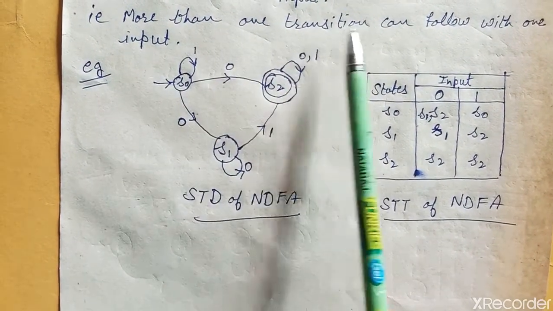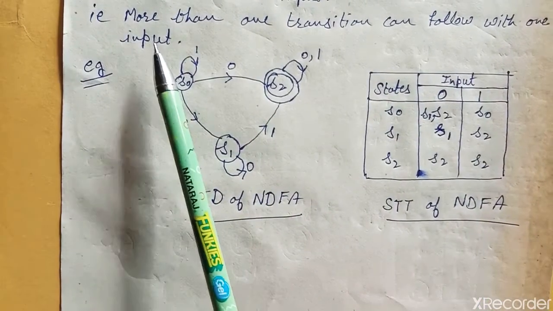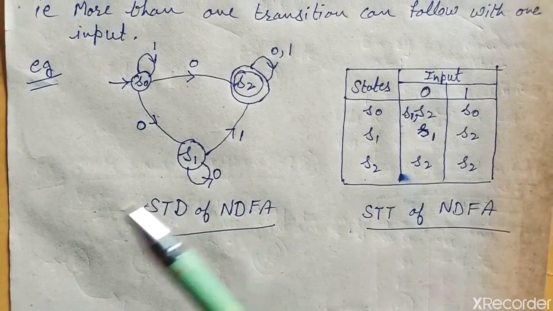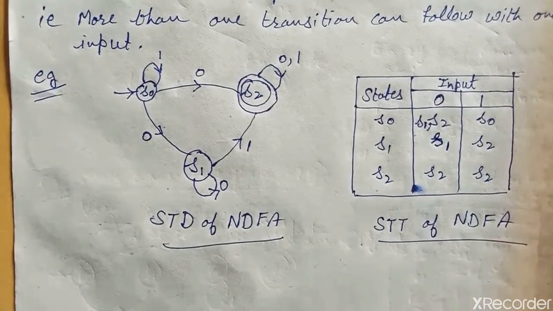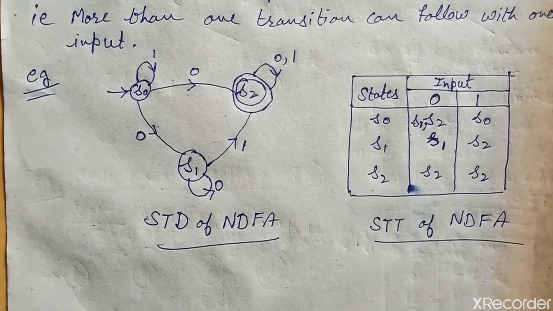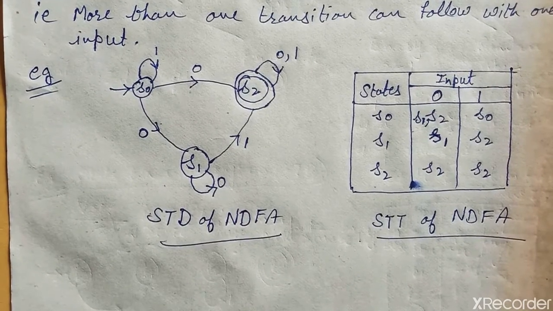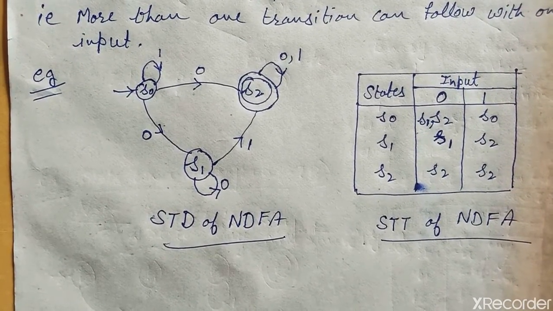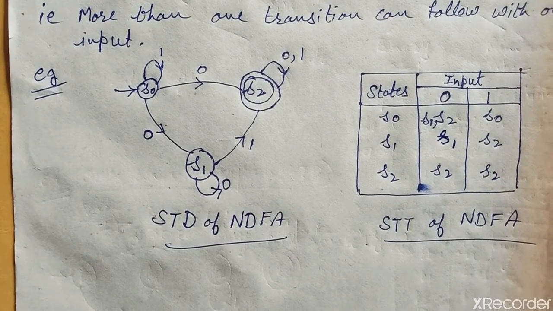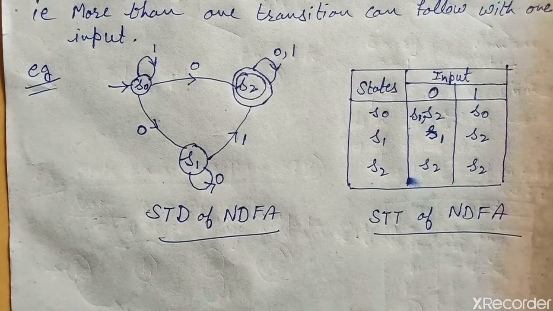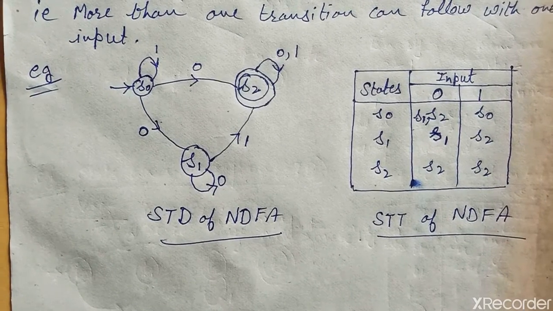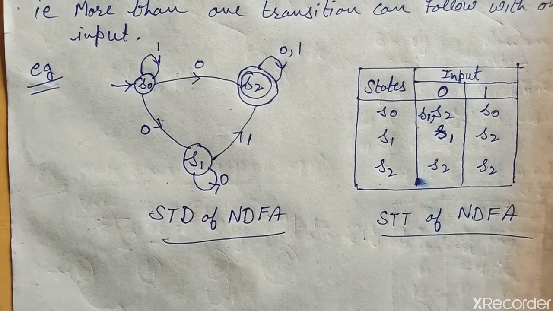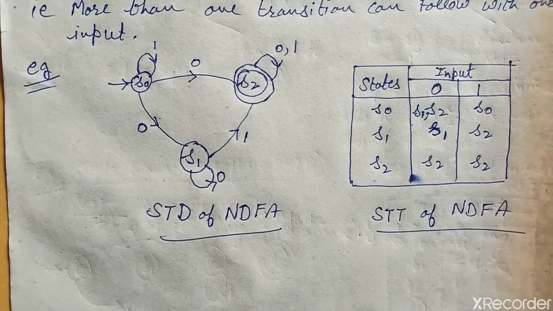More than one transition can follow with the same input. So let me explain once again. डिटर्मिनिस्टिक में एक स्टेट एक इनपुट के साथ किसी एक स्टेट पर ही मूव होगी, बट नॉन डिटर्मिनिस्टिक में एक स्टेट एक इनपुट के साथ एक से ज़्यादा स्टेट पर मूव हो सकती है.